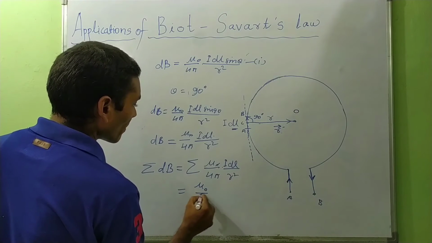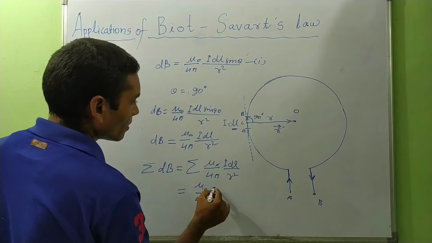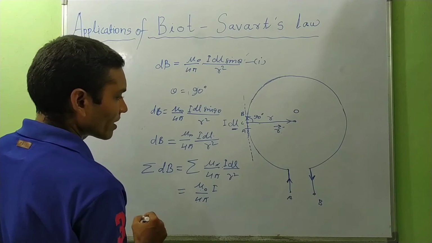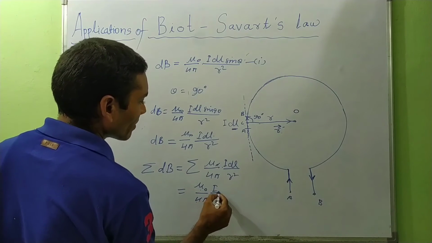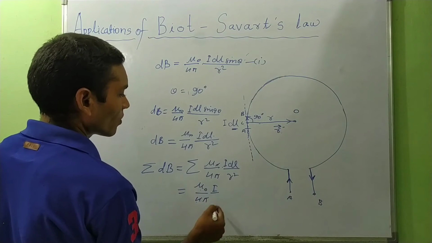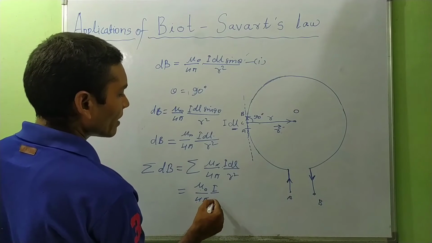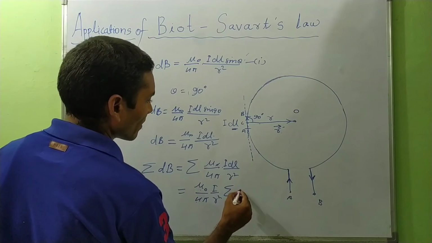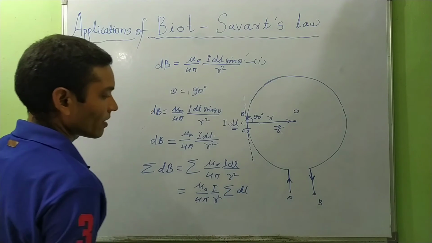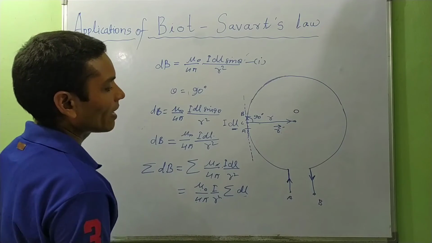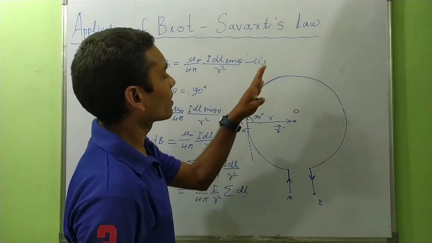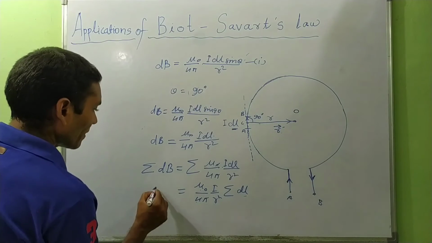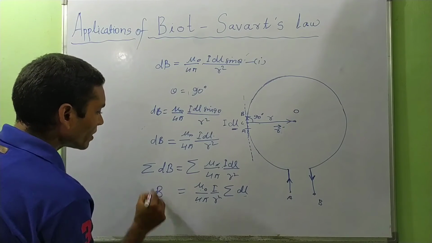So mu naught upon 4 pi, I is constant, mu naught constant, 4 pi constant, r constant because r is the radius, which is the same for each element, so r square. What remains here is dl, because dl is the length of each element. So it will be equal to B only.